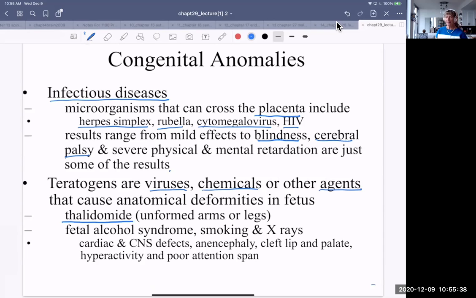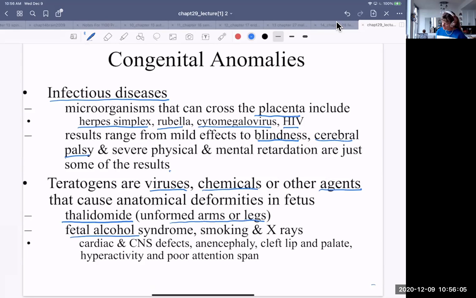But thalidomide has two isomers. So it has one form and another form. And if you recall in chemistry, a lot of chemicals do. And one is functional in the way it's supposed to be, but the other isomer, the effect of which was unknown, caused anatomical deformities, unformed arms or legs.